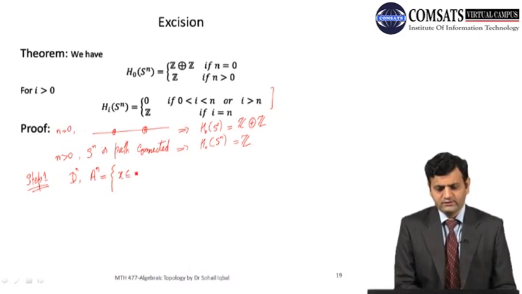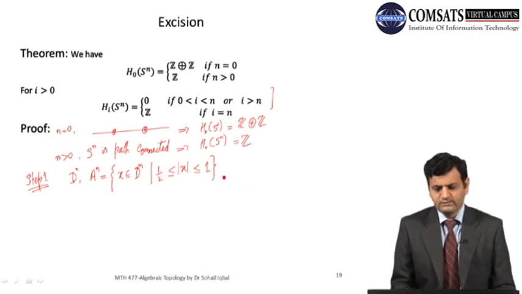We define it as: x belongs to Dn such that the norm of x is less than or equal to 1 and greater than or equal to 1/2.